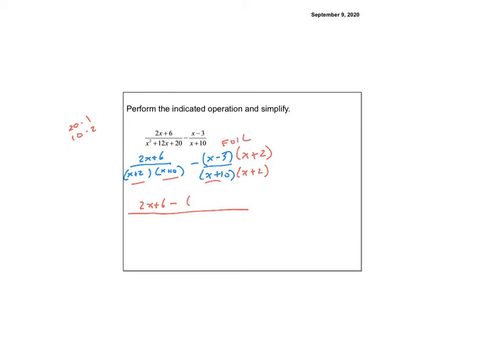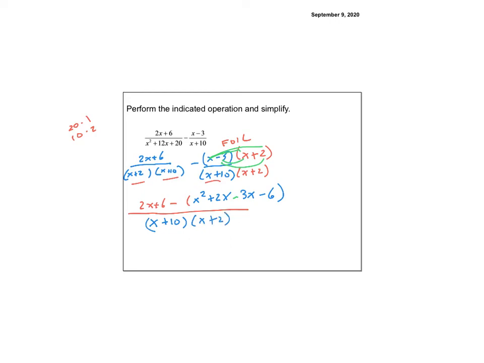So if I do that, I've got x times x times 2... x times x is x squared, x times 2 is 2x. Then I've got negative 3 times x and negative 3 times 2, so that's a negative 3x and a negative 6, all over the common denominator of x plus 10, x plus 2.